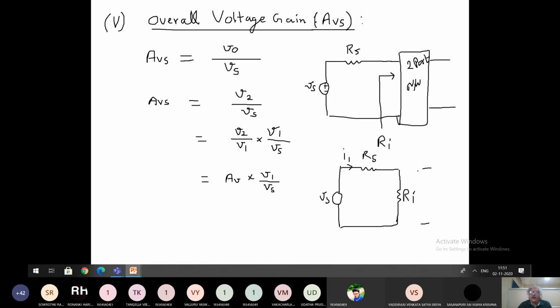What is the voltage across Ri? From this circuitry, can you tell me? By using the potential divider rule, what is the voltage across Ri? Yes, who will tell? Sir, Ri into Vs by Ri plus Rs.